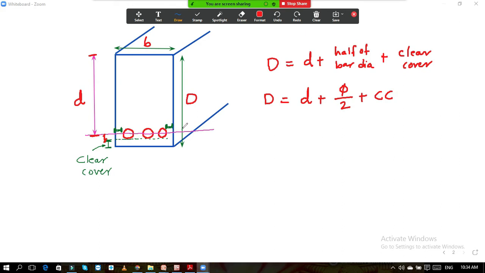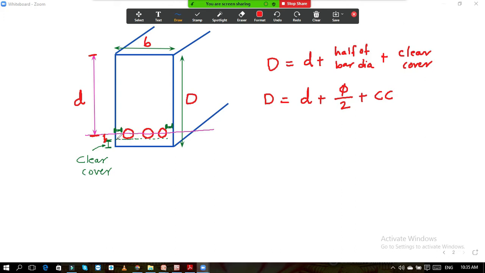Generally, for slabs the clear cover is between 15 mm to 20 mm. For beams, it is generally between 25 mm to 30 mm. Maximum 25 mm, but in some cases for beams we provide up to 30 mm. For columns it is 40 mm, and for footings the clear cover is 50 mm.